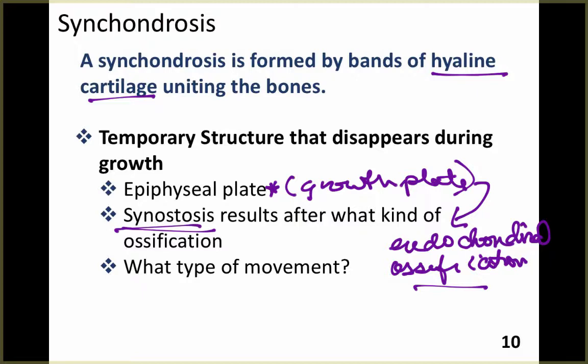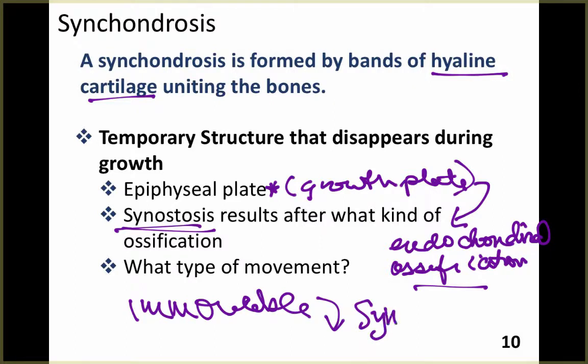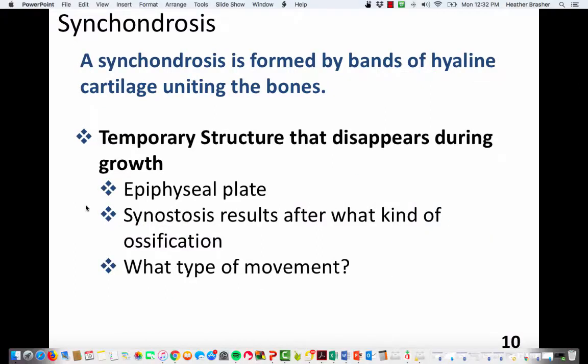And these are basically immovable joints. So immovable joints essentially are considered what? That's synarthrosis. And you can remember synchondrosis with synarthrosis. It starts the same.